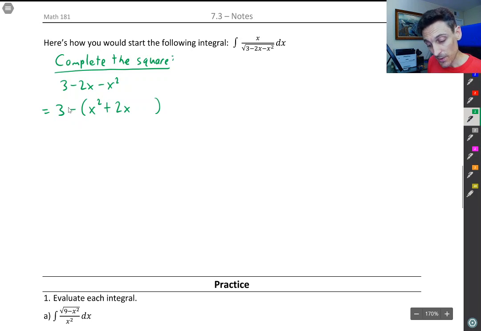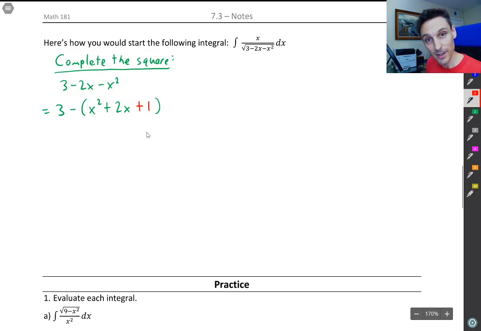But what we're trying to do here is rewrite this so that it's a constant squared minus something that involves the variable squared. That's going to be our goal. So to do that, we have to complete the square. We have to figure out what number is going to go inside to make this trinomial factor as a perfect square. So what is that number going to be?